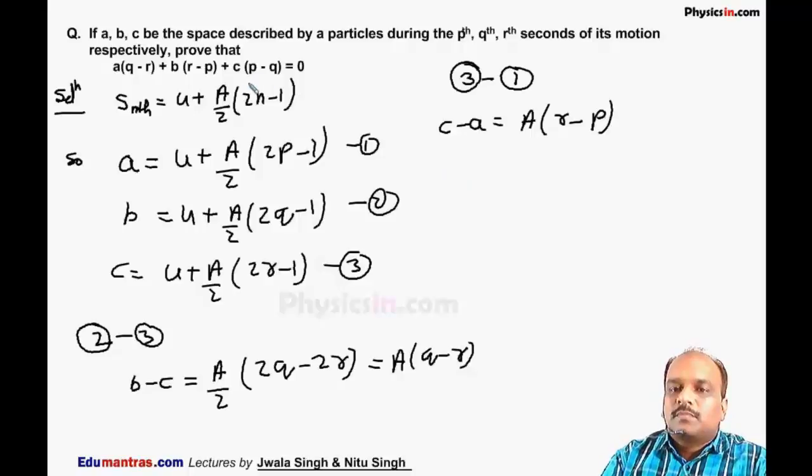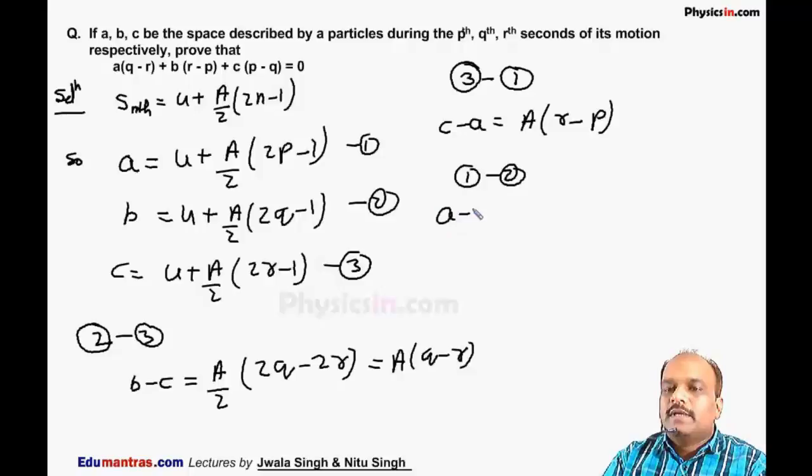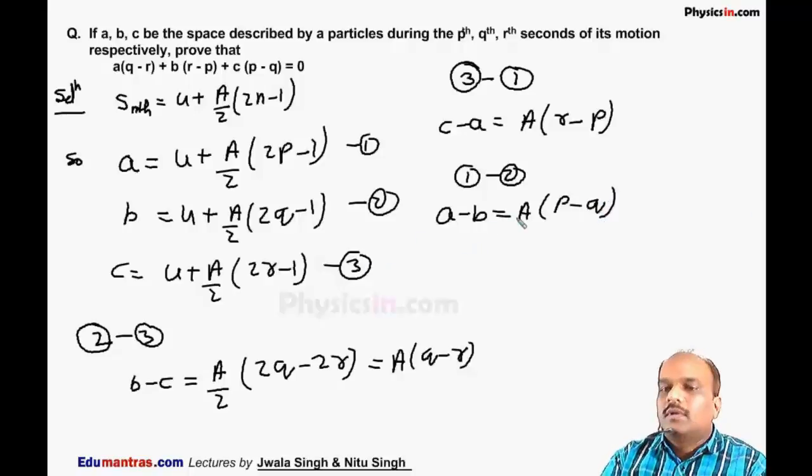If I subtract the second from the first, then I get A minus B is equal to a into p minus q. Let this expression be the fourth, let this expression be the fifth, and let this expression be the sixth.